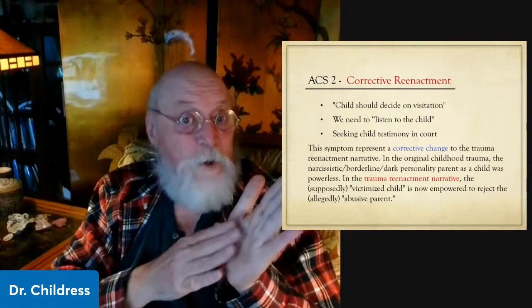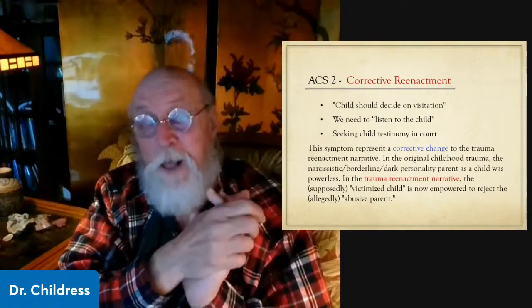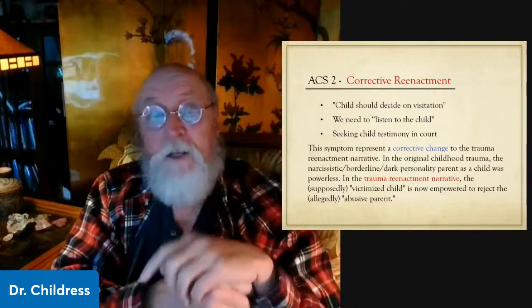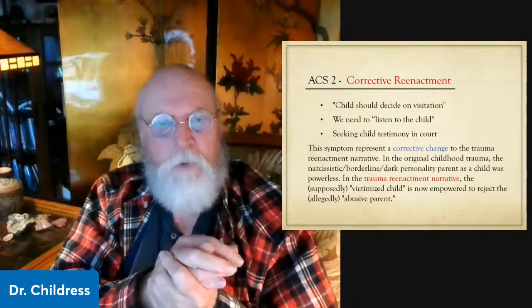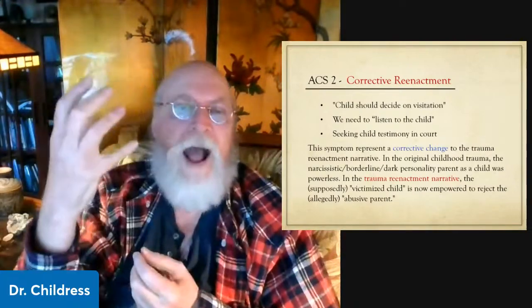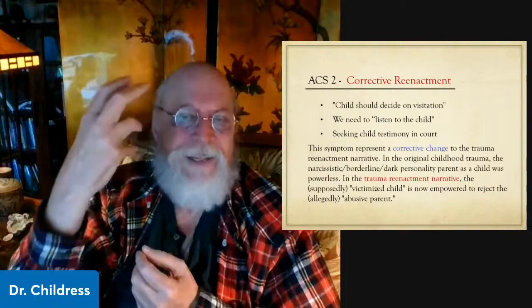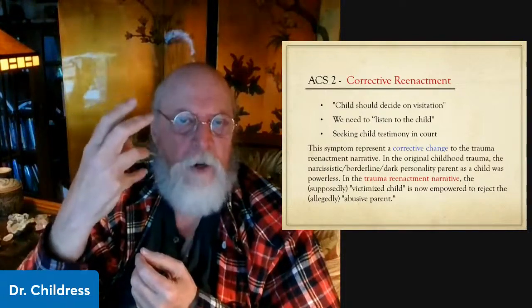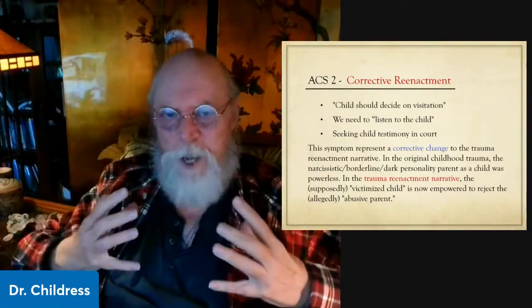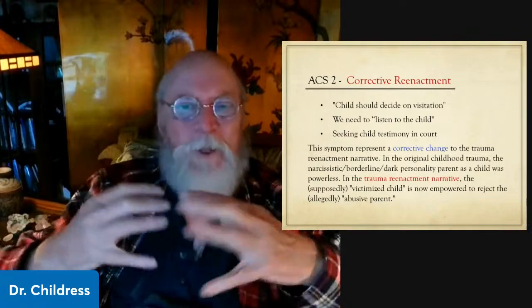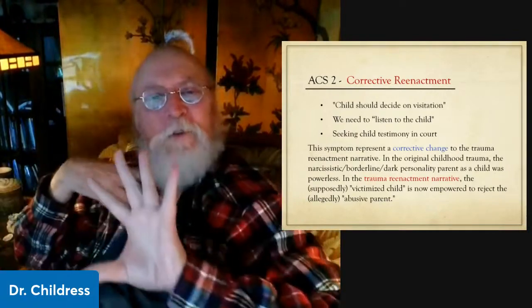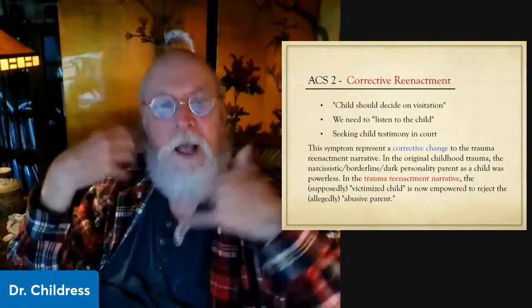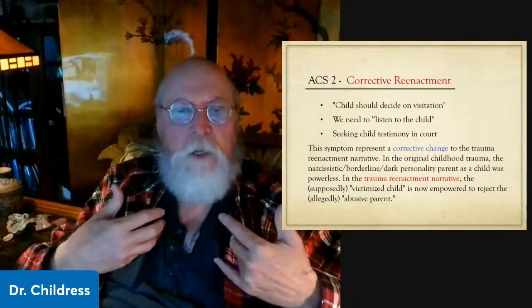Because we're having to force the child to be with that parent. So clearly that parent's abusive. So now we've got the abusive parent and the victimized child roles all set. And now the important feature is that the pathological parent, the allied parent, gets to adopt the protective parent role. They get to sweep in and protect the child from the abusive parent and in the process work through their own stuff.